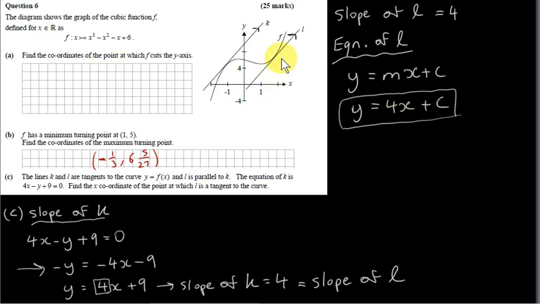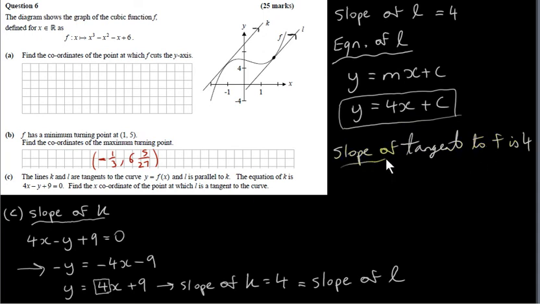Now, suppose we want to find the coordinates of this point here. Well, we know that the slope of the tangent to the curve is 4. It's this line here. Slope of tangent to f is 4.